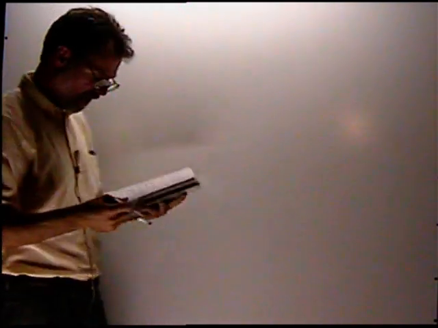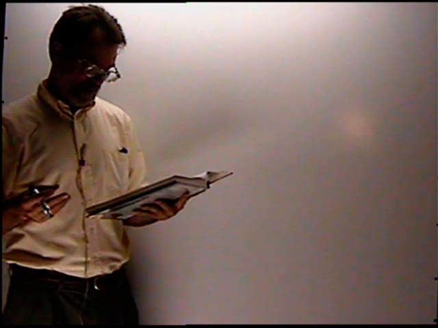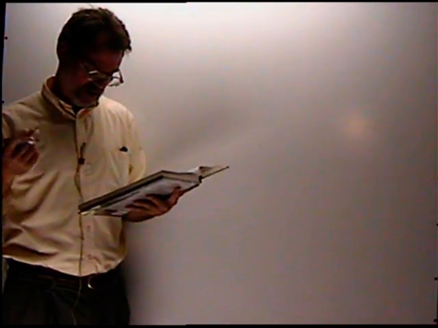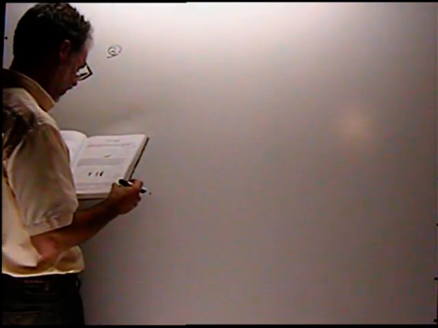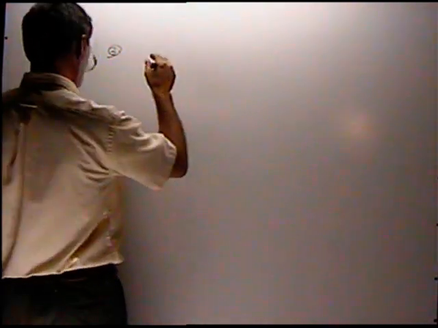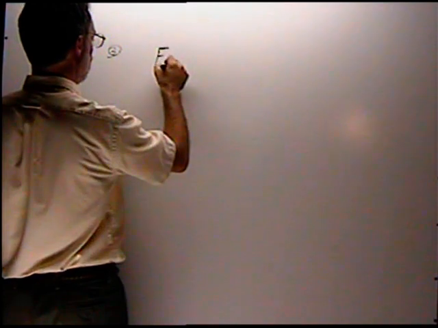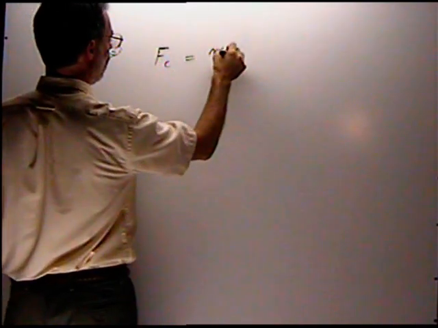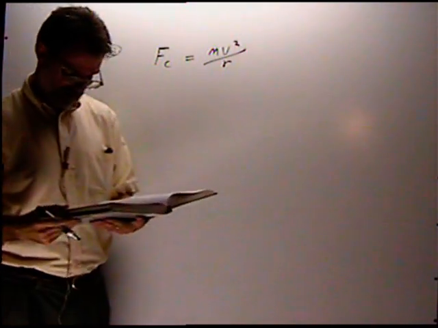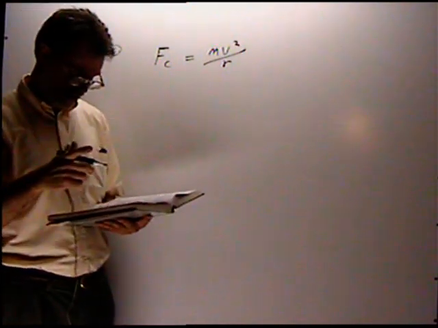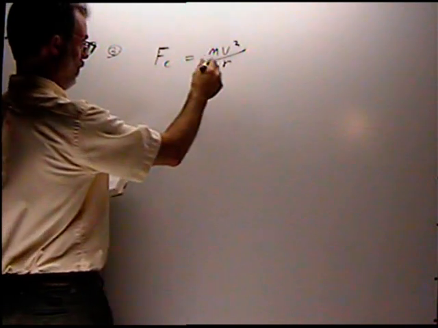Well, the maximum tension happened right when the ball reached the maximum speed, and then the string breaks. So the centripetal force is mv squared over r. Again, I'm not going to solve it, but that's just a straight application of this v squared over r.